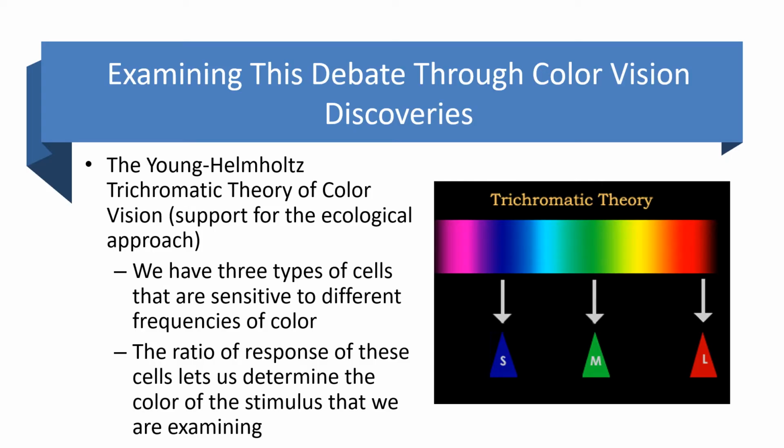In particular, we're going to focus our attention in this lecture on what we call color vision, a topic that was very intriguing to a lot of early psychologists because they thought there might be some way, if we did our best, to break down and get a definitive answer as to how color was actually perceived by our minds.